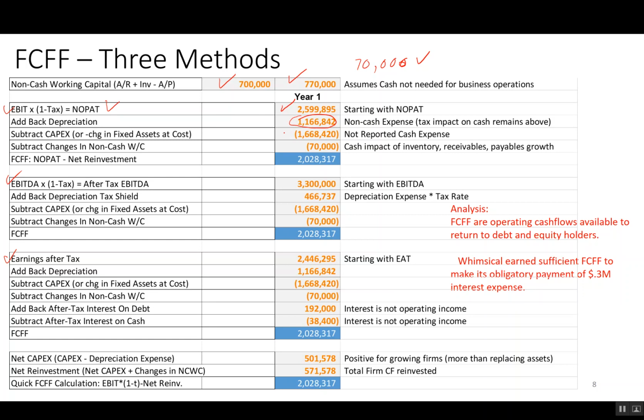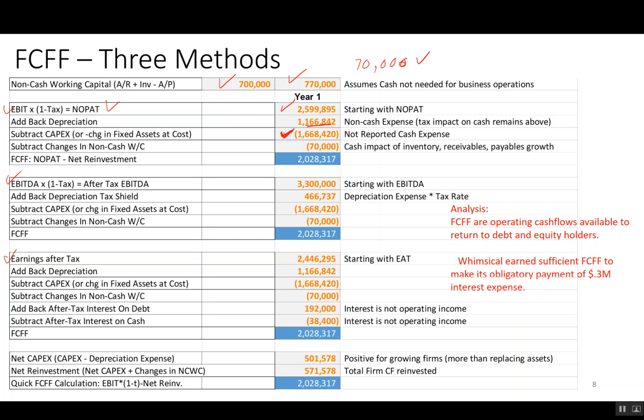However, that CapEx is going to show up right here, and the $160,000 is showing up right here, because that's part of the change. So if I were to count both of those as expenses, I would be double counting my CapEx.